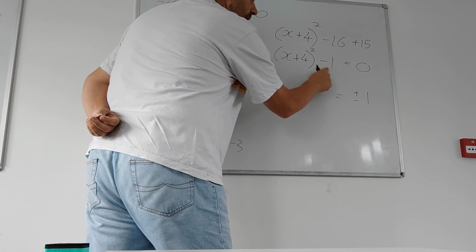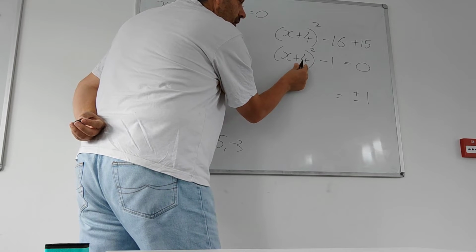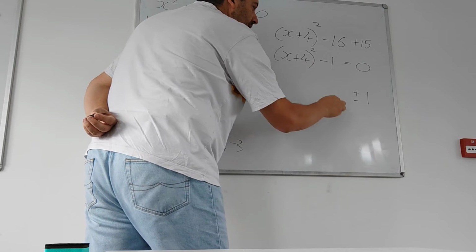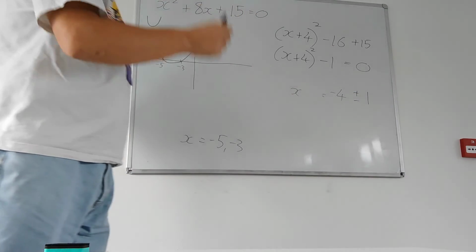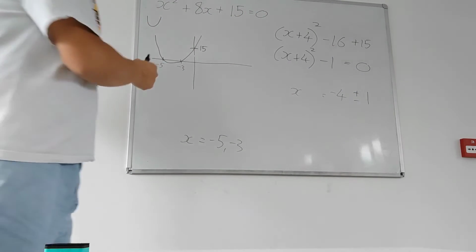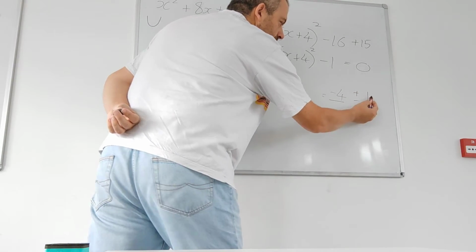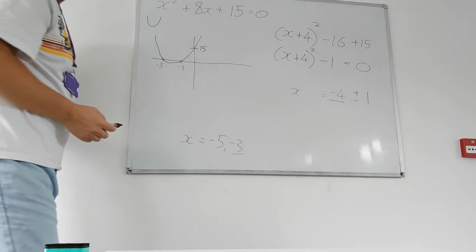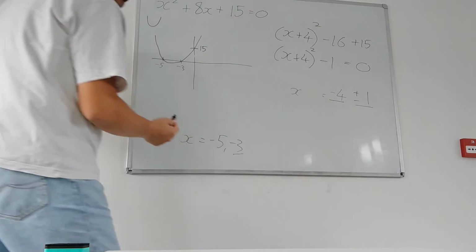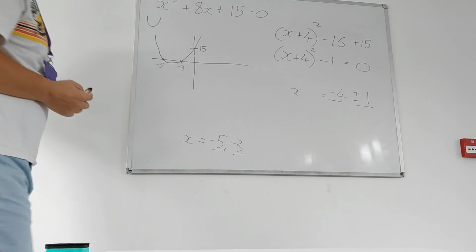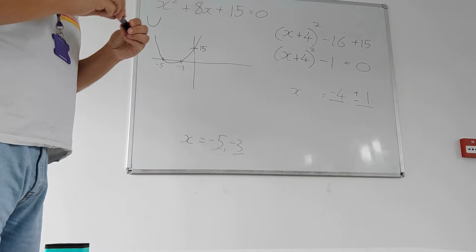So got rid of that, got rid of that. Do the opposite of that. I take 4 away from both sides. And it is no coincidence that -4 plus 1 is -3. -4 take away 1 is -5. That's where they all fit together algebraically.